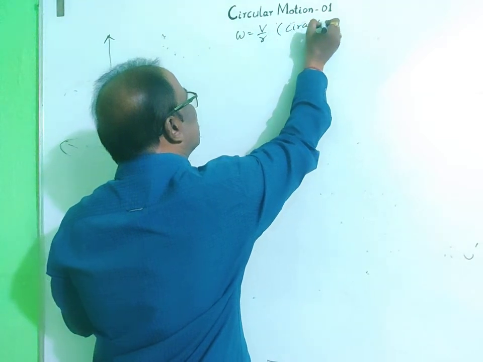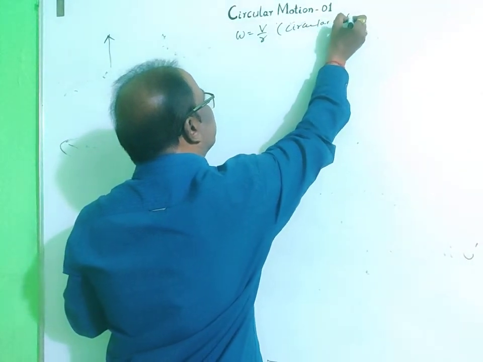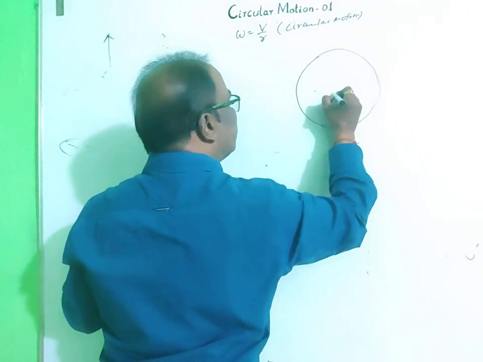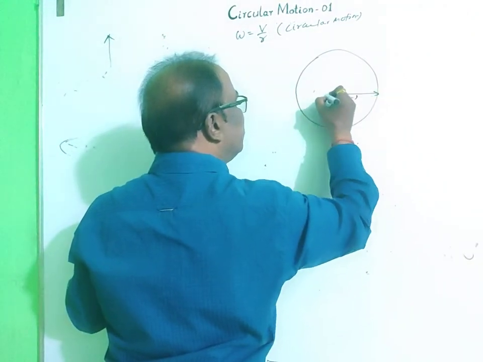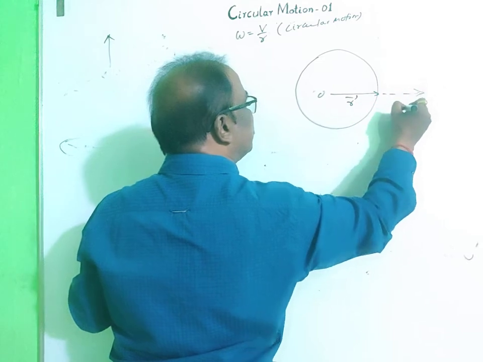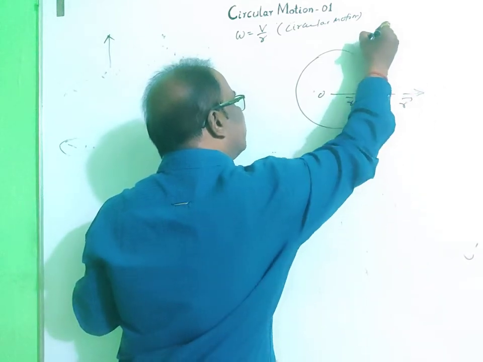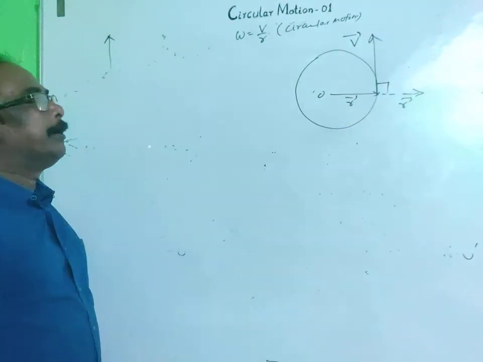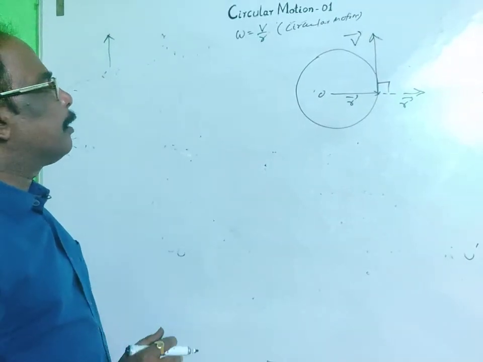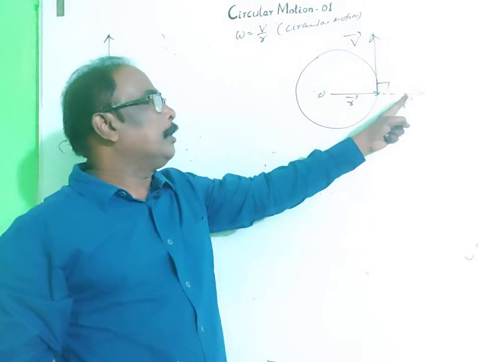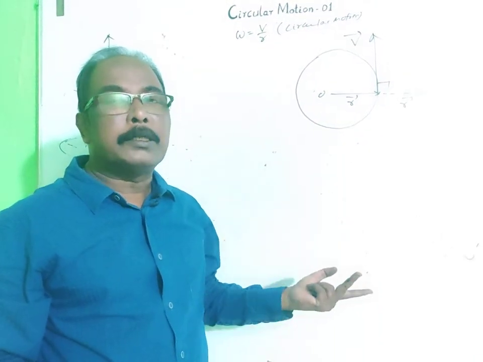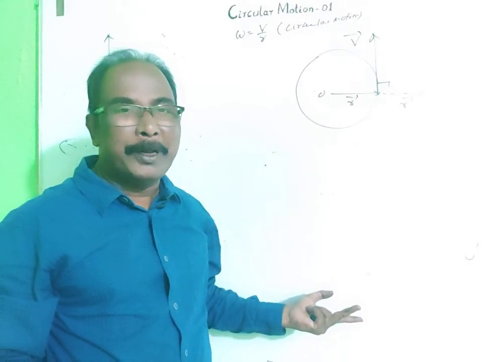See, this is the direction of the position vector, and this is the direction of velocity, so the angle is 90 degrees. So only in circular motion are linear velocity and position vector perpendicular. This doesn't happen in all cases, as we have discussed.